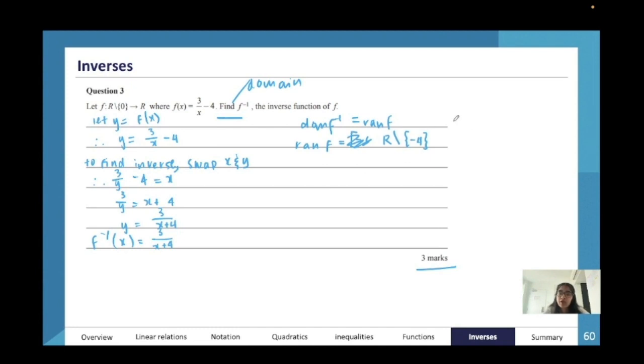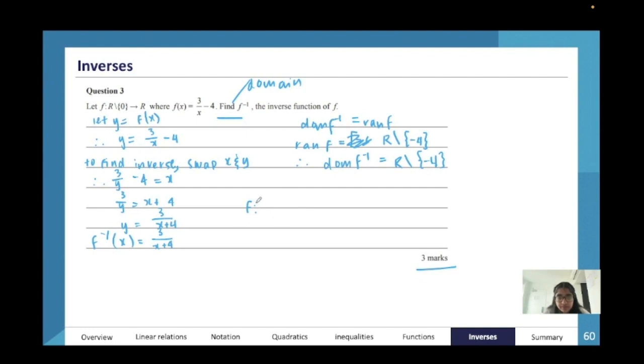Okay, so drawing on our knowledge of hyperbolas, we can say the range of this function is all real numbers except negative 4, because the asymptote is at y equals negative 4. So therefore, the domain of the inverse function equals all reals except negative 4. Now, you'd probably get the marks if you leave it like that, but just to be safe, let's put it all together and actually define the function.